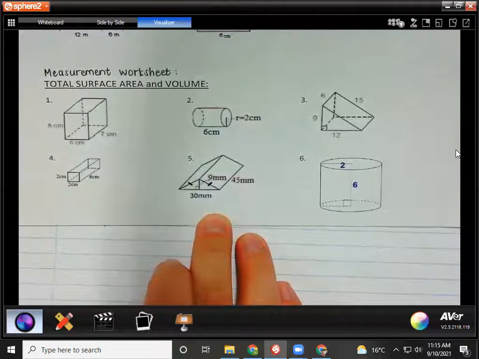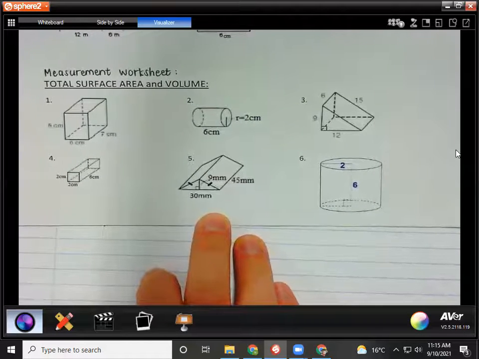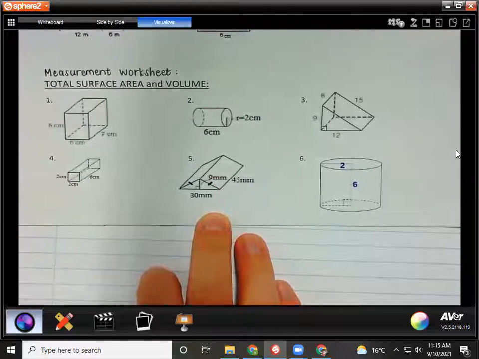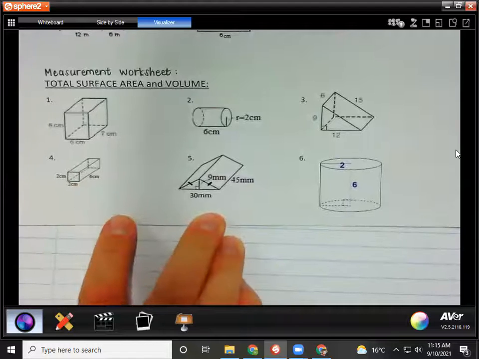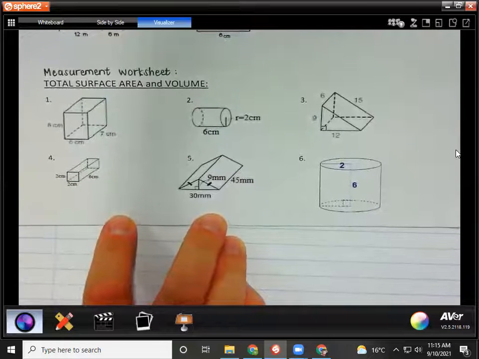For number 1, that's at the bottom. So it's 8 and 6 and 7. Guys, can you read all of those numbers? They're a bit faint. Number 1, it's 8 centimeters and 6 and 7.